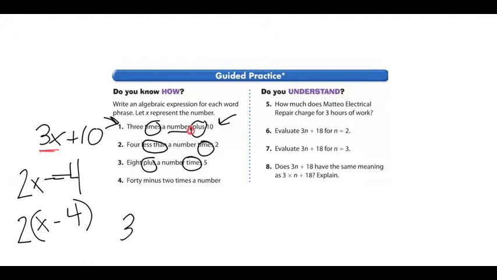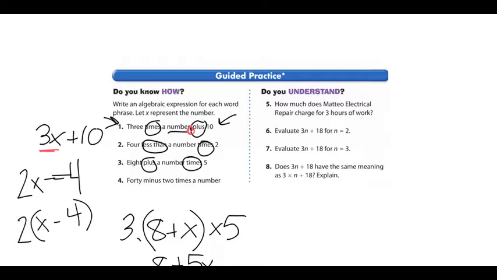So 8 plus a number, and then we could put that in parentheses because it says that first, times 5. But it could also be interpreted like this: 8 plus a number, and then 5 times that number. That's the same thing, but you get different answers when you do that, but it can be interpreted 2 different ways.